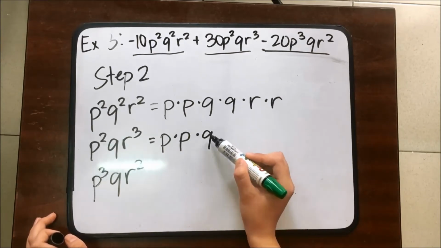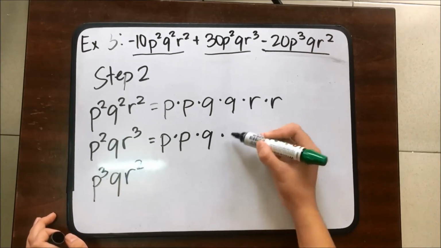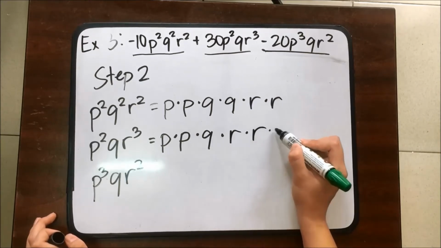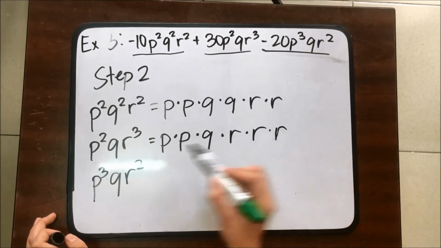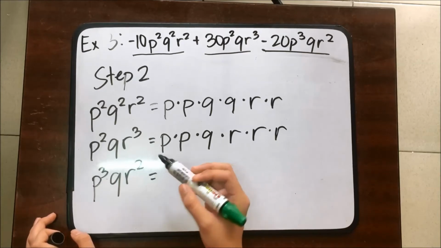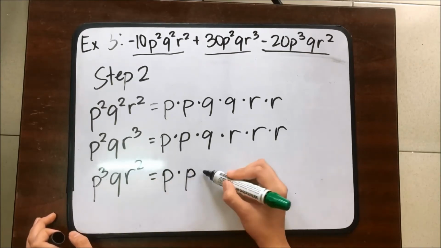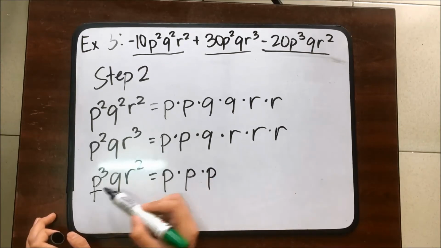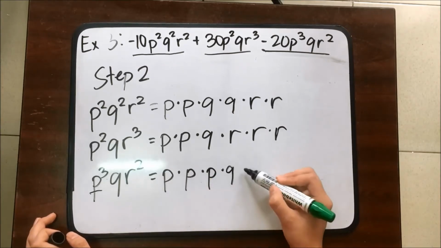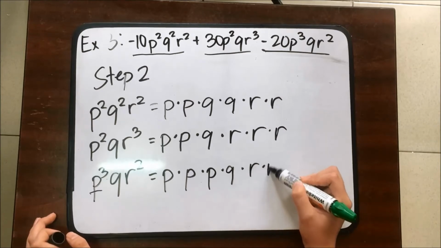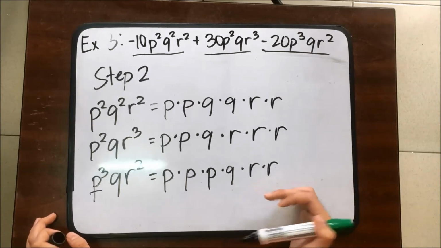Since there's only one q, times r, times r, times r. This is r cubed. So for this next variable, p times p times p for p cubed, times q, times r for r squared.